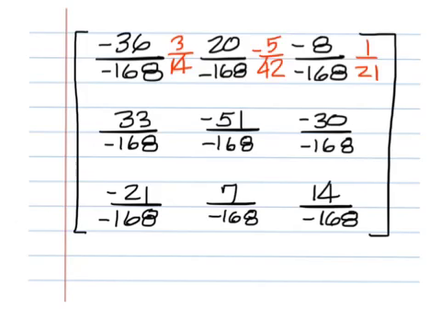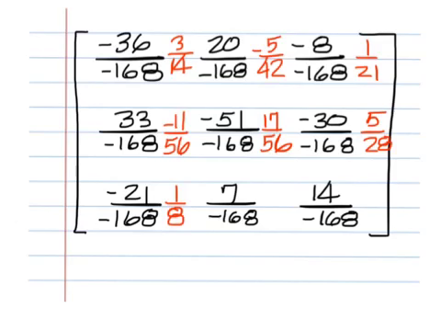And for the third cell in the first row, you should have 1 over 21. Row 2, column 3 should be 5 over 28.